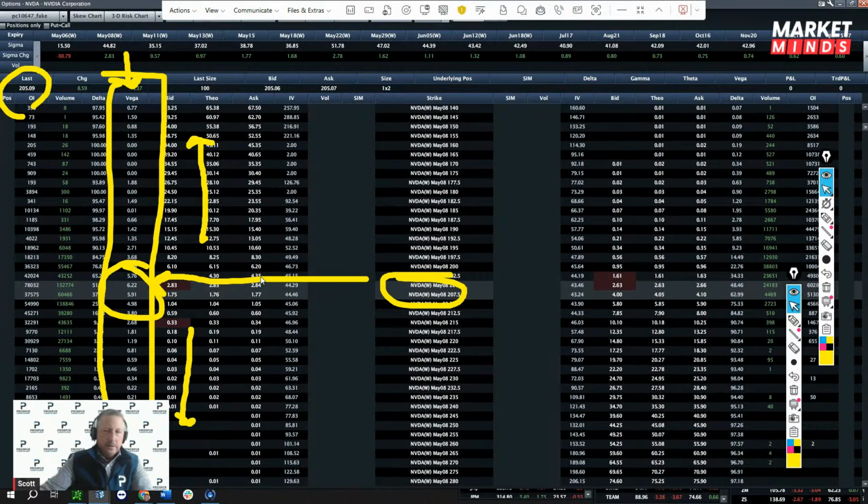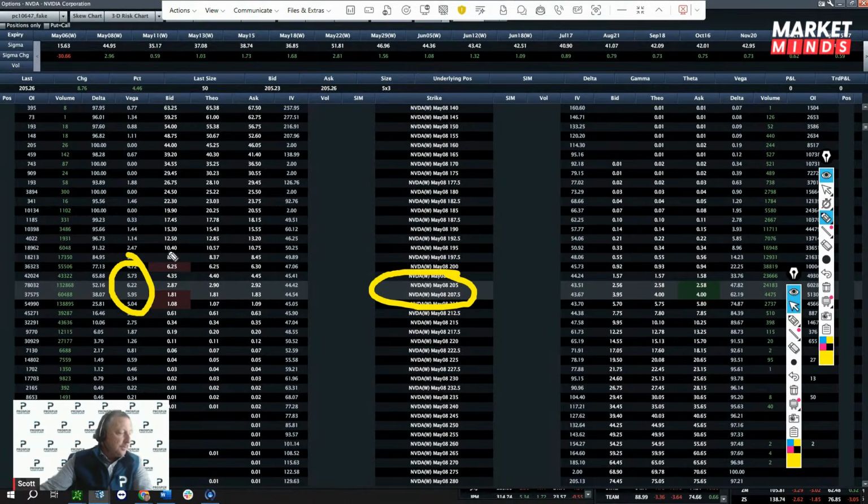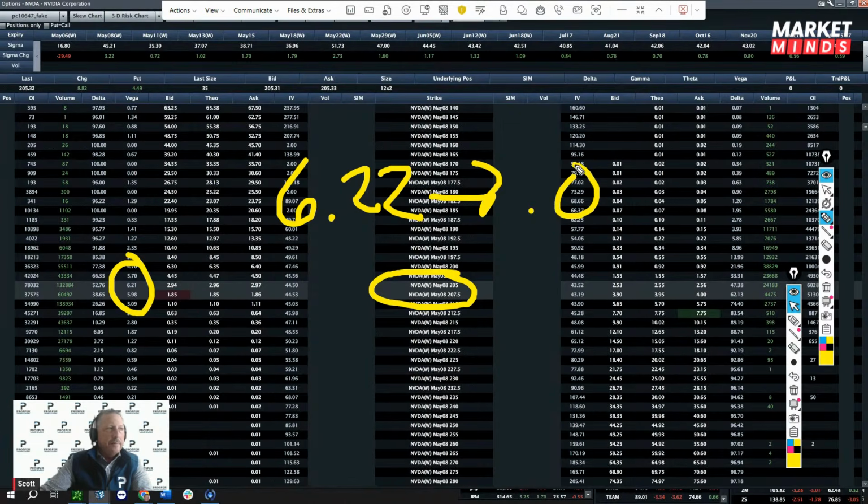Now, this Vega at the money in NVIDIA for this Friday is about 6 cents. It's 6.22. That means for every percentage point that implied vol moves, that option is going to move by 6 cents.